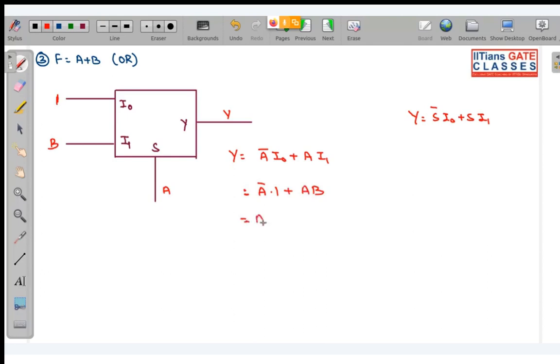So this will be A bar plus AB. Now use the distributive property: this will be (A complement plus A)(A complement plus B), which comes out to be A plus B. That is your OR gate. Is this clear, everyone?